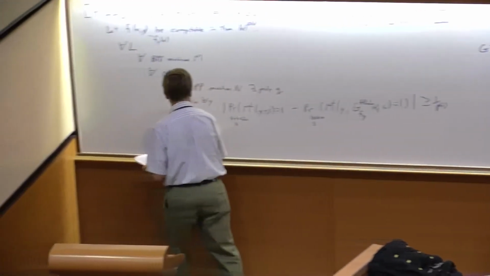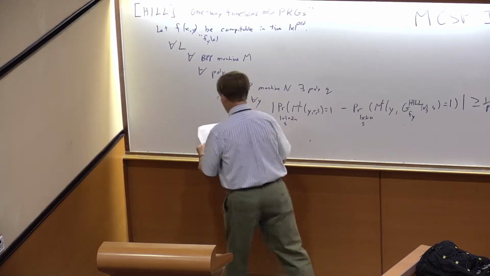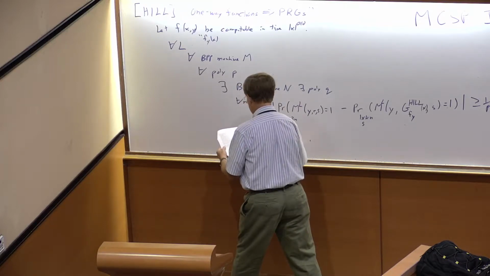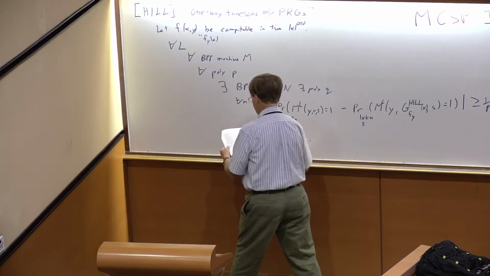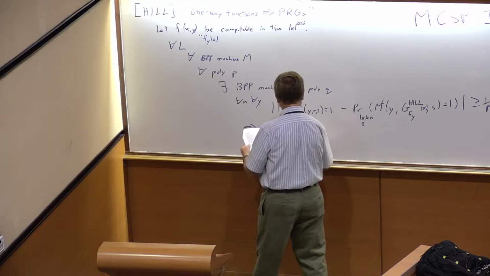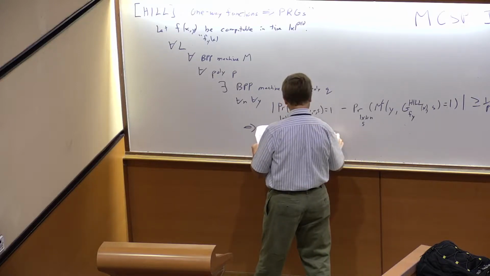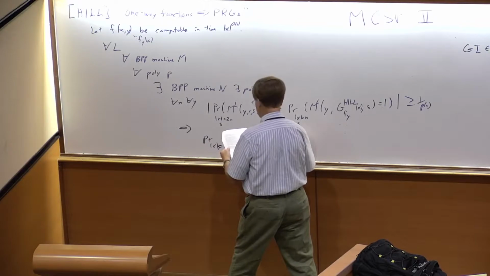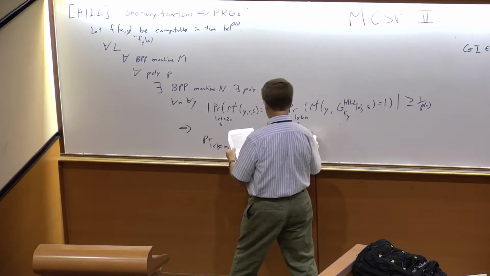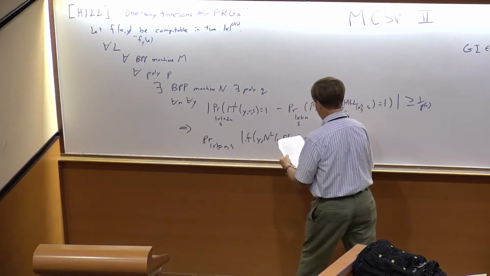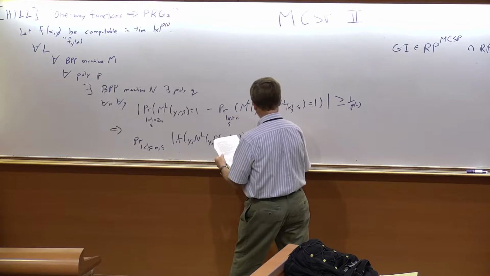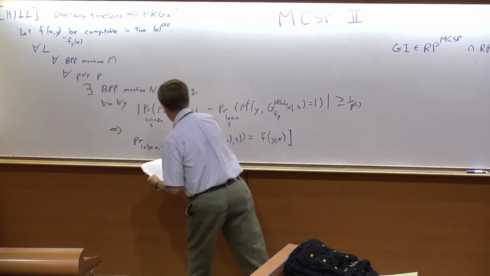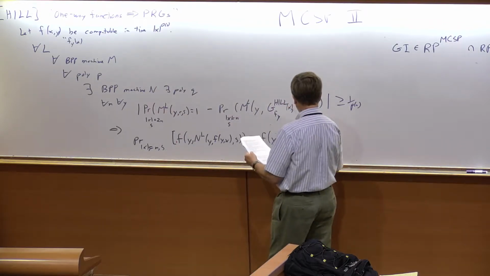then the probability over random string x of length n and probability over s that f sub y with oracle L, on y and f sub y of x, comma s, equals f sub y of x, that probability is greater than or equal to 1 over q of n.